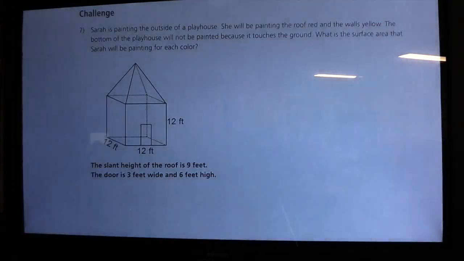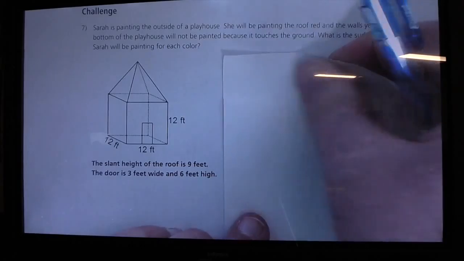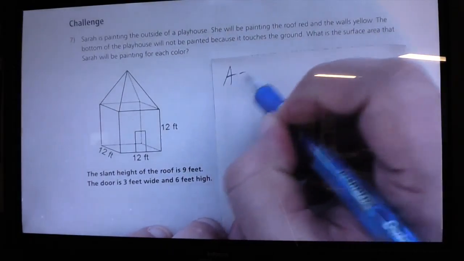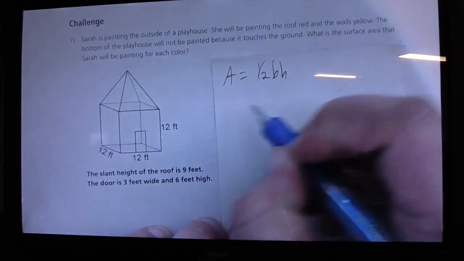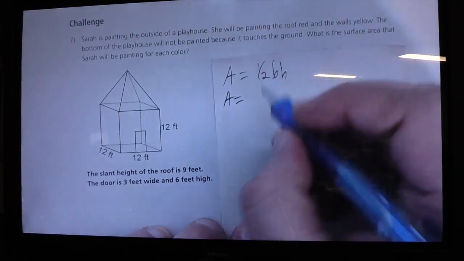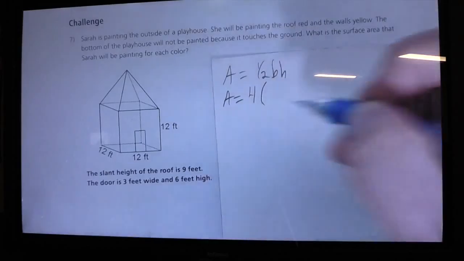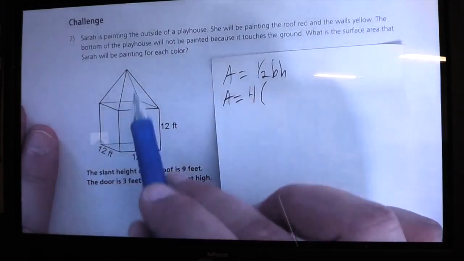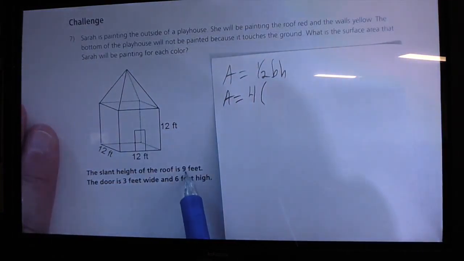So I'll go ahead and start working on that right now. I'm going to just put it right over here. To find the surface area of a triangle, area equals 1/2 base times height. In this case, we're going to have 4 of those triangles, so I'm going to multiply the formula for finding one triangle by 4. It tells us that the height is 9 feet.